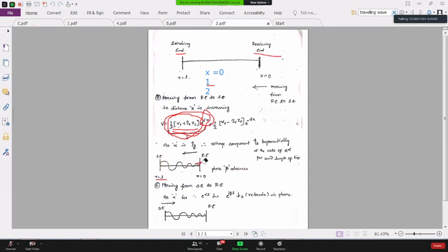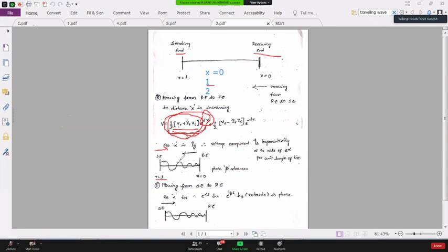So how is it looking? It is looking like a wave. What is the characteristic of a wave? A wave, when traveling, decreases its amplitude and phase as it propagates. The same thing is happening here. If I see from the sending end side, my waveform magnitude is higher.